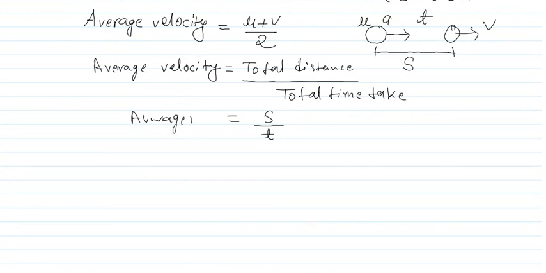Now we can say that the distance traveled by that body or the ball is equal to the average velocity into time. We just moved t from the right hand side to the left hand side. So this will be that much.